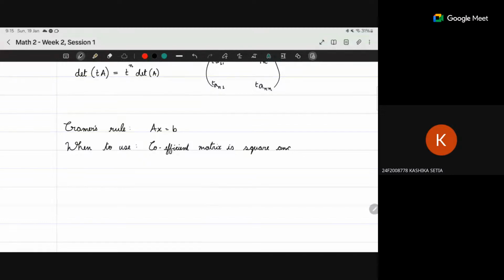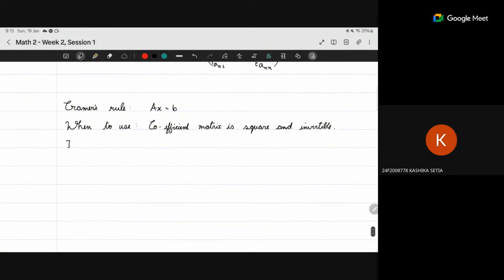Well, invertible means it is square, so I'm just going to write it, but it's mildly redundant. If the coefficient matrix is square and invertible, then you can use Cramer's rule. Now, how to use it? I'll give you the general thing and I'll give you an example that will probably make it clear.